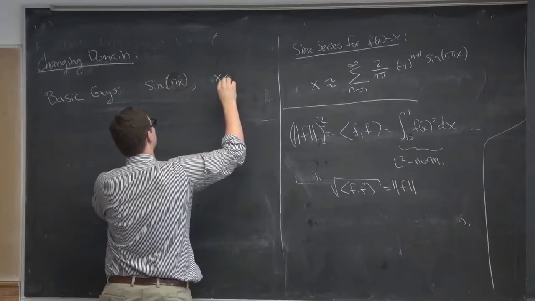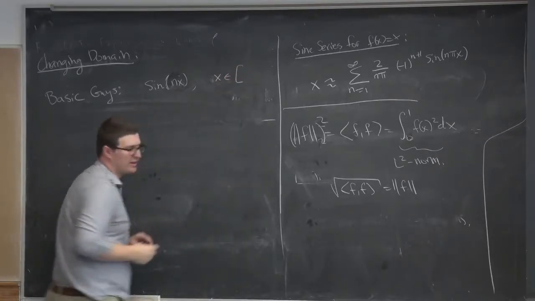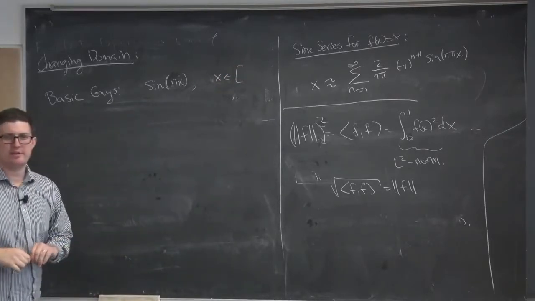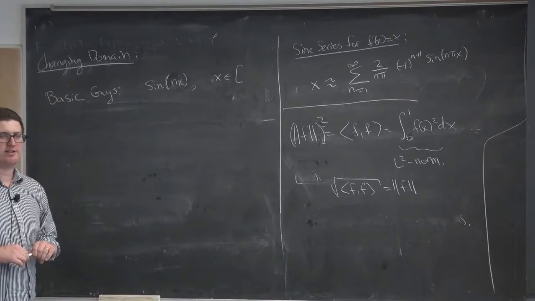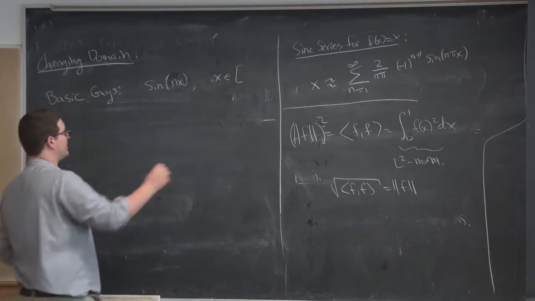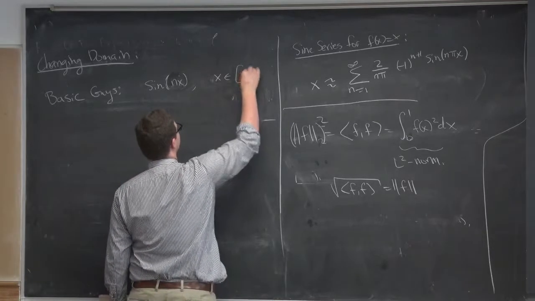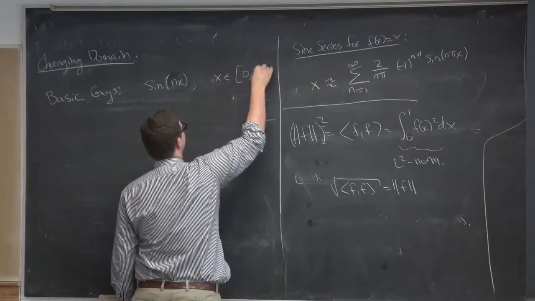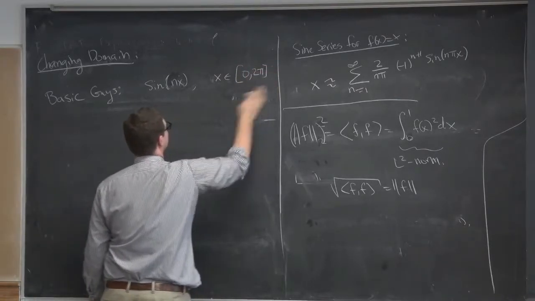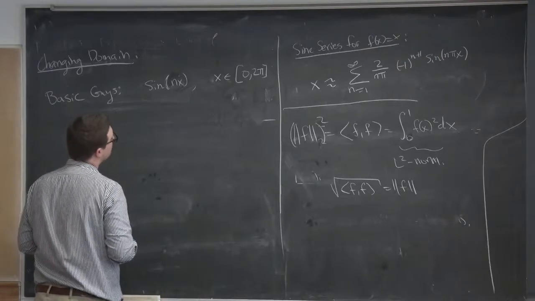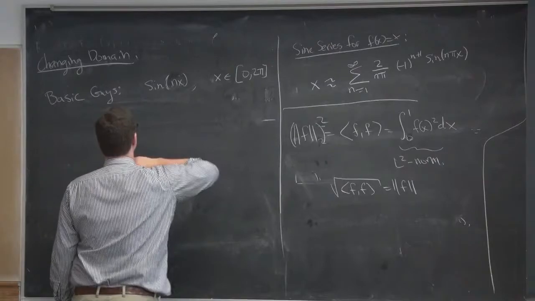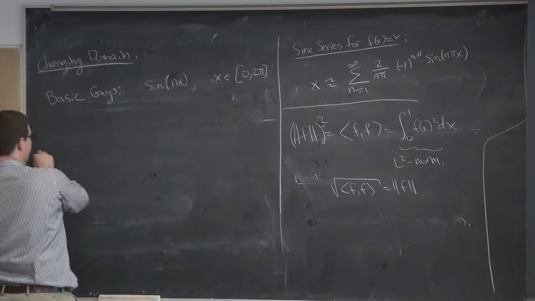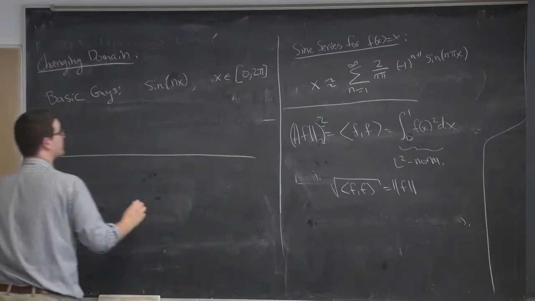Let me warn you here, there's something bad that can happen between sine nx and sine 2nx. So let me see if this is right. Okay, so this is 0 to 2 pi. Let me make sure this is right, and this might be off by a factor of 2. Let me actually show you something for this one.